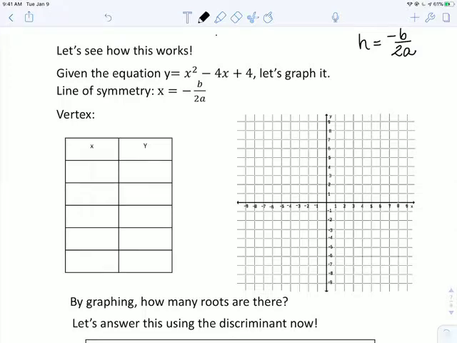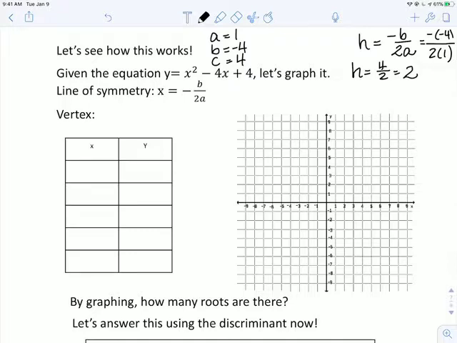So in this case, my a is 1, my b is negative 4, and my c is positive 4. So for h, I'm going to have the negative of negative 4 over 2 times 1. So working it down, the negative of negative 4 is positive 4 over 2. That gives me an h of 2.